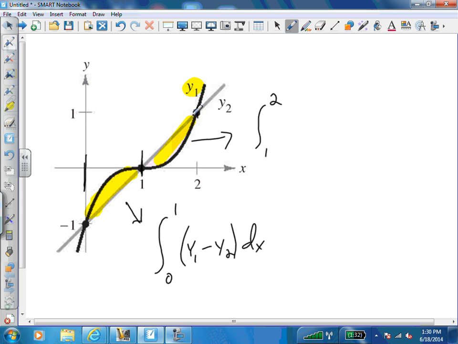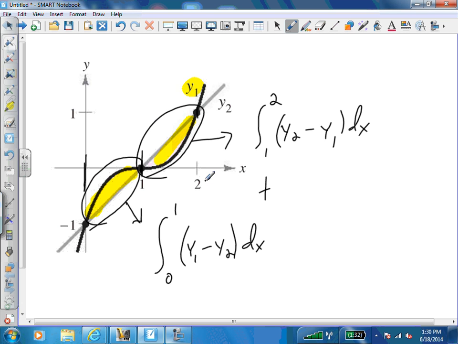Still our top function, but now our top function is Y2. So if we want the area between those curves, we have to add those two up. We can't just go from 0 to 2, Y1 minus Y2, because Y1 is not always on top, and Y2 is not always on top. So we have to do that in particular regions.